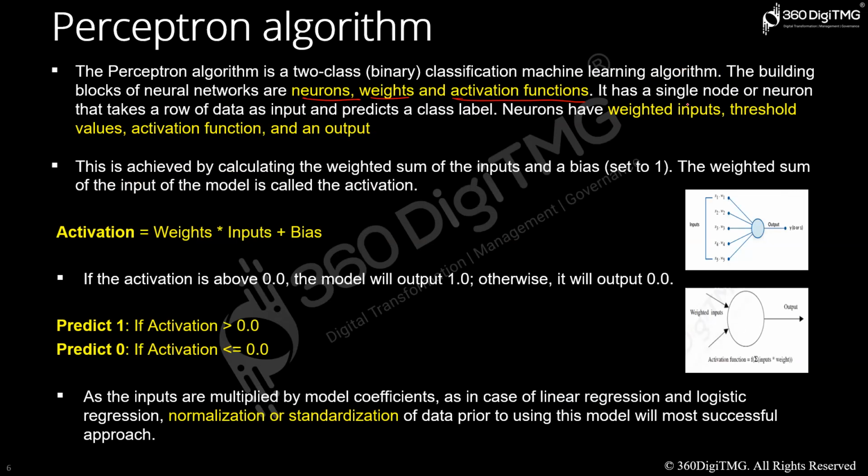It has a single node or neuron that takes a row of data as inputs and predicts a class label. Neurons have weighted inputs, threshold values, activation functions, and an output.